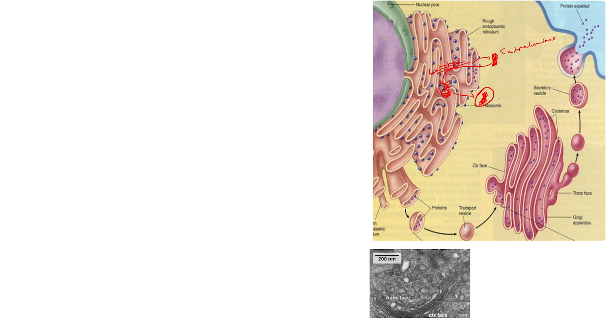Now this protein enters into the Golgi. This is the main function of the rough endoplasmic reticulum: it helps in protein synthesis, and after protein synthesis it transports to the Golgi by forming a vesicle-like structure.